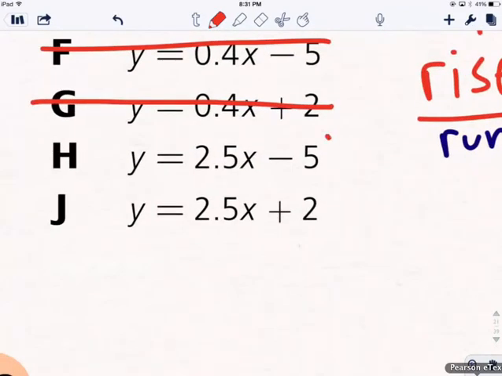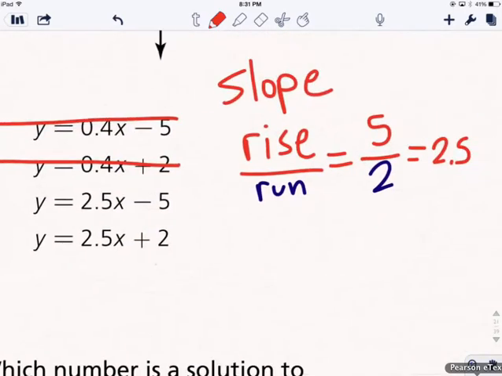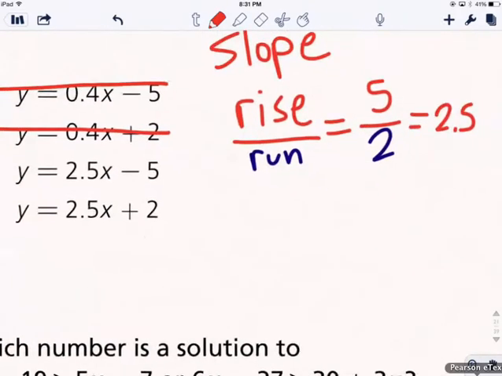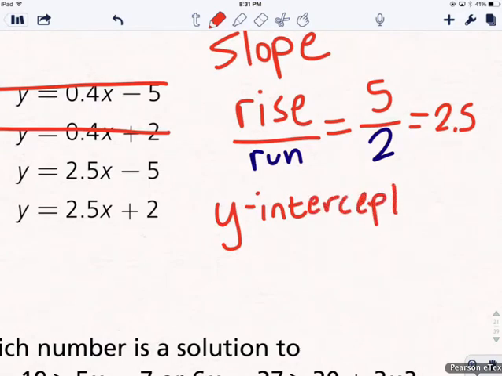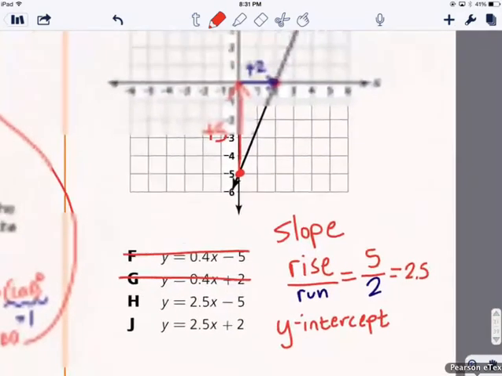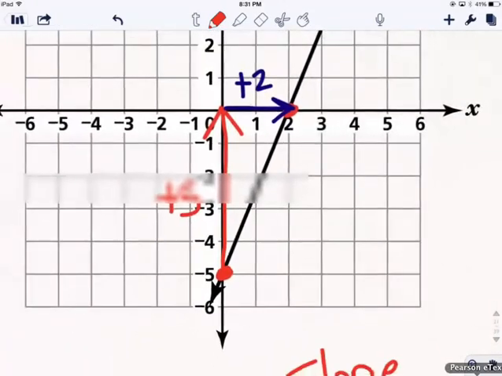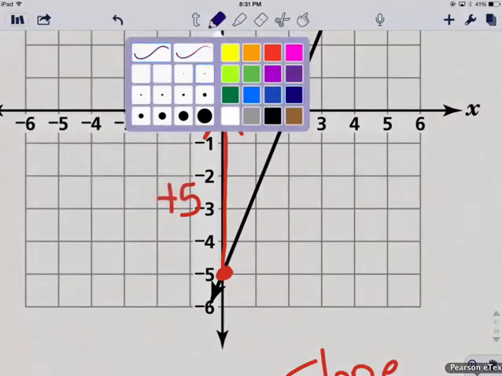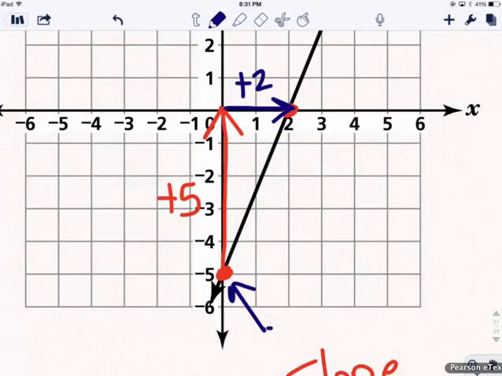Now look at the next thing that differentiates the remaining answer choices. In fact, these up here as well. The second thing this question tests you on is if you understand how to find the y-intercept. So your two possible choices, reasonable choices, would be this point right here, which is negative 5, or this point right here, which is positive 2.